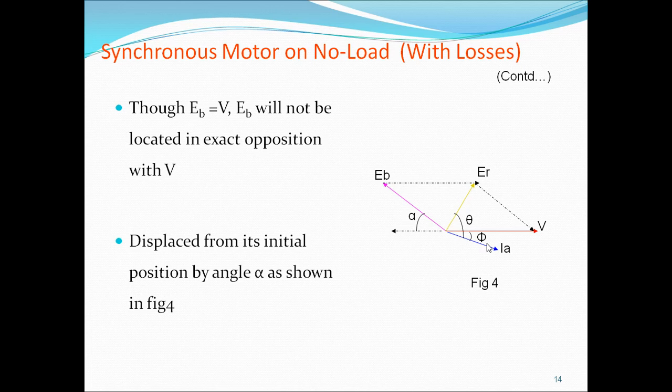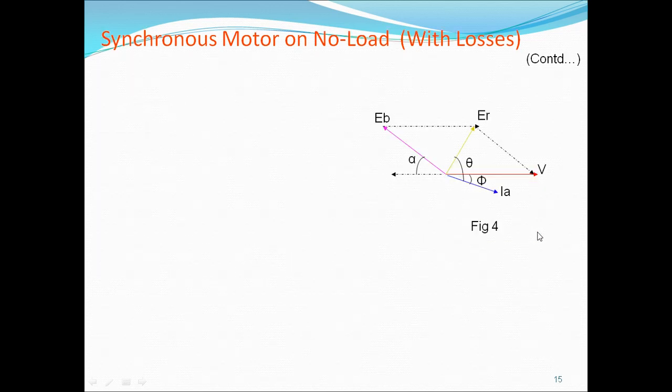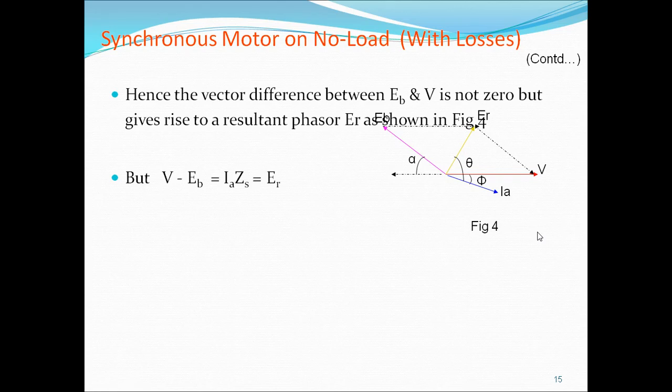This figure shows the vector diagram, which contains the back EMF, resultant EMF, and supply voltage. The vector difference between EB and V is not zero but gives rise to a resultant vector ER. What is ER?